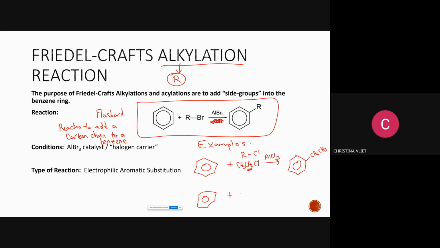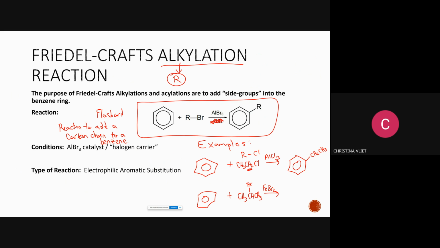What about this? Spice it up just a notch. How would this add to the ring? Where would the R group add? From the CH, right? Because that is going to be where the electrophile is, right on that carbon.